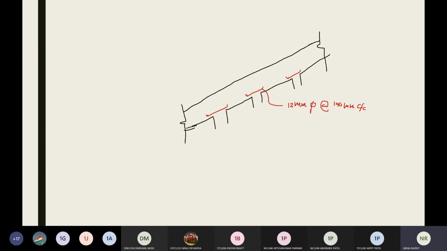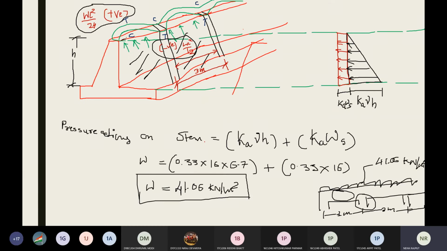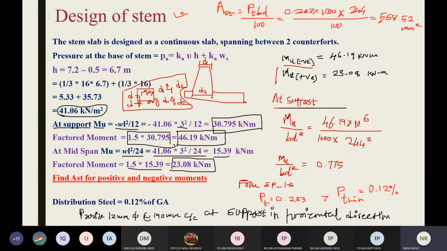So this reinforcement you are going to provide in the horizontal direction, throughout the height of the stem, right. Now you are going to find the mid-span moment also, mid-span reinforcement also.